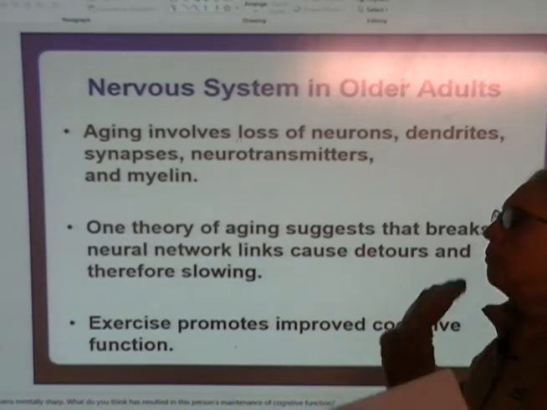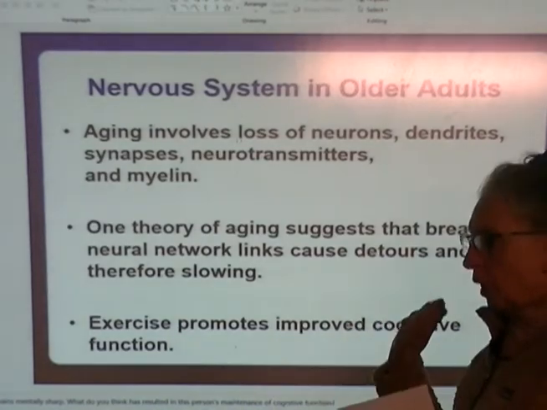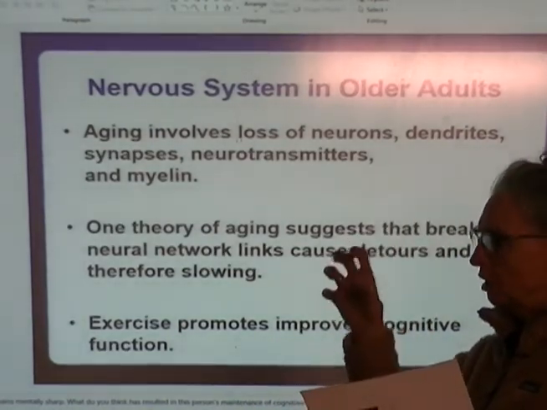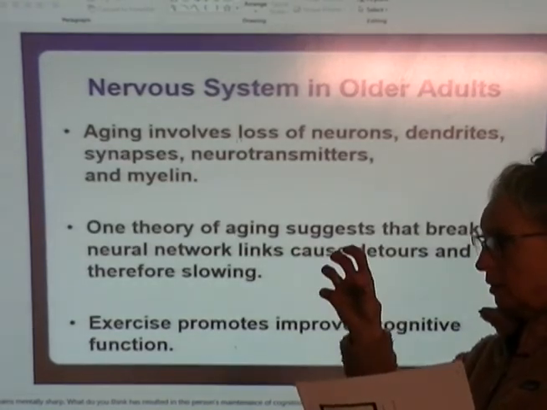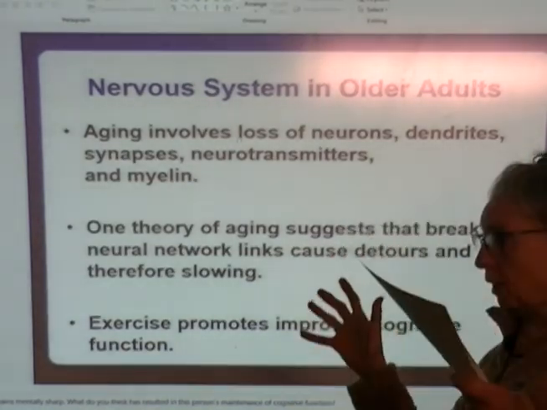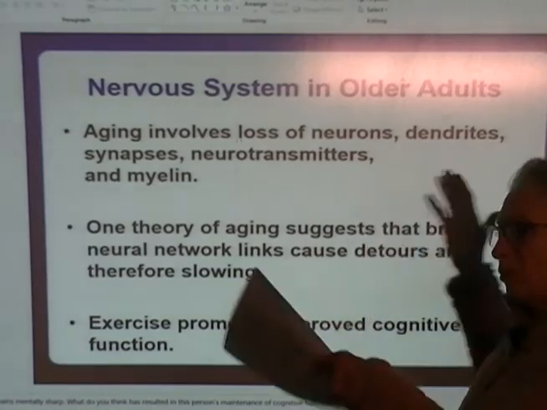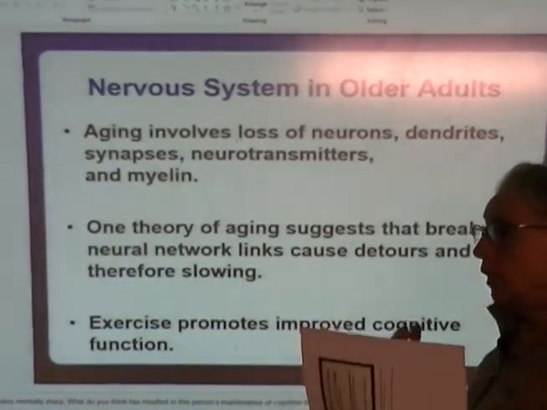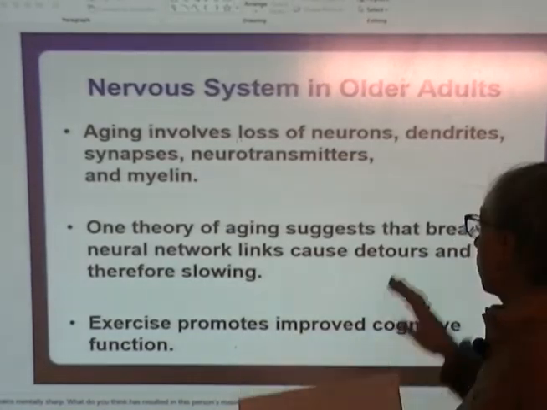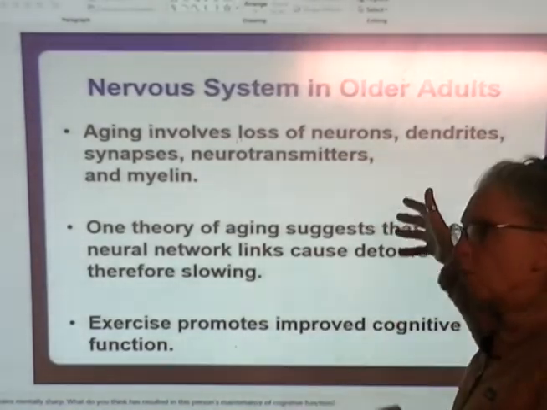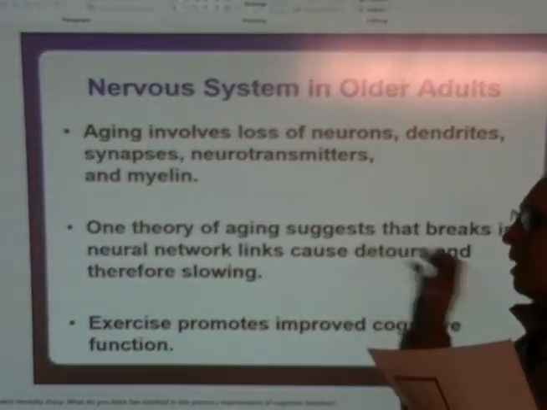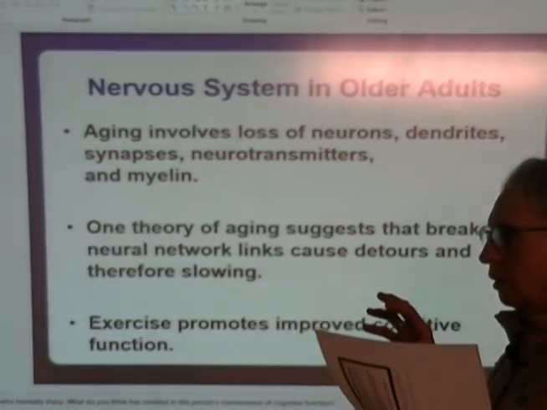If I keep stimulating the brain and I keep challenging my cognitive awareness of my environment, then if I don't have these other underlying genetic things, a lot of people can stay very mentally sharp. Again, I can't stop the loss, but I can slow it down if I keep stressing the system.